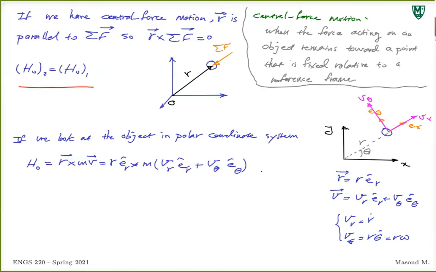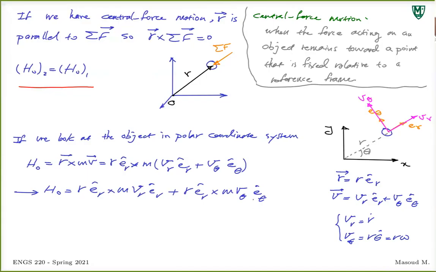Let me just expand that. So HO becomes R ER cross M VR ER plus R ER cross M V theta E theta.